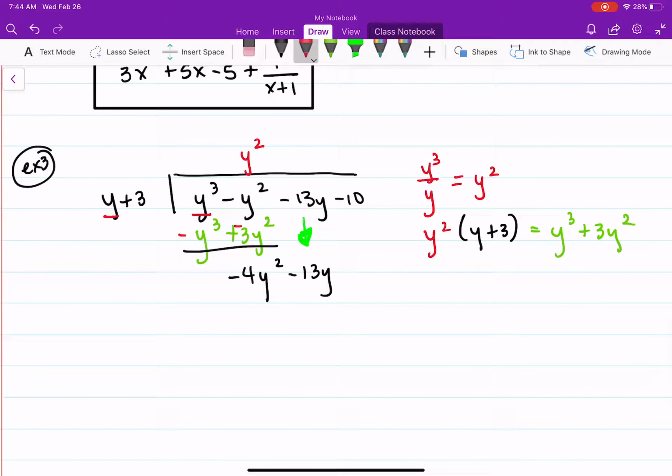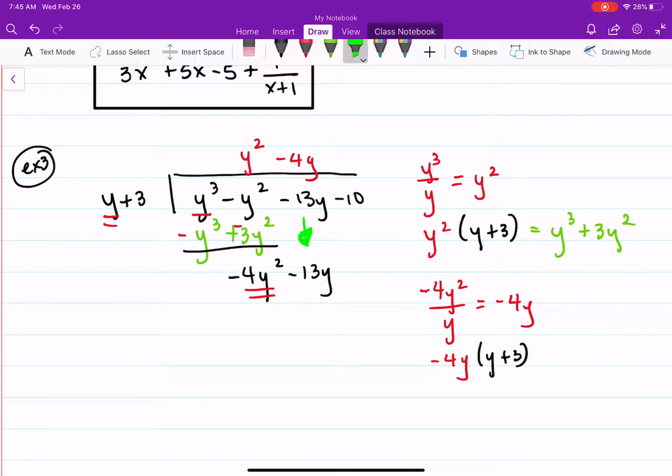Then I ask myself, how many times does y go into negative 4y squared? Negative 4y squared divided by y gives me a negative 4y. So minus 4y here. Then I want to take that negative 4y and multiply by y plus 3.